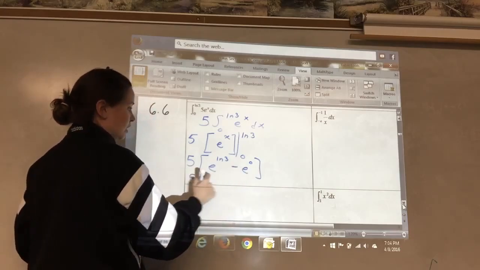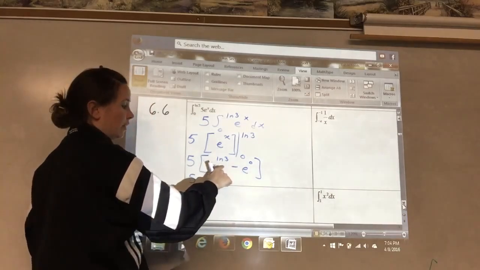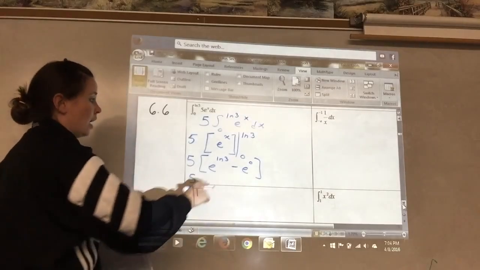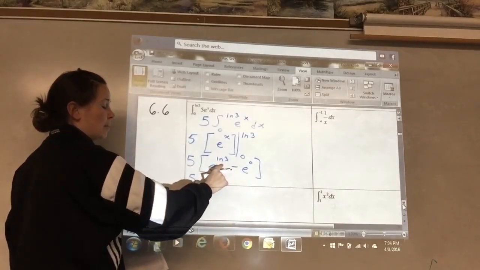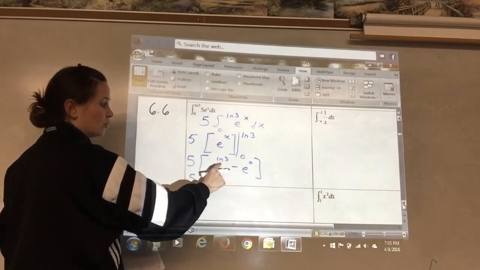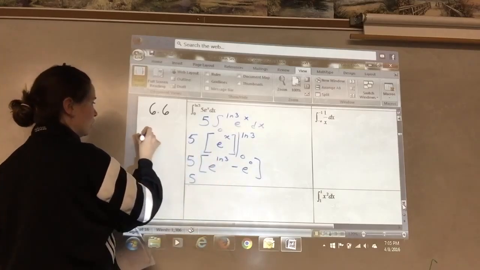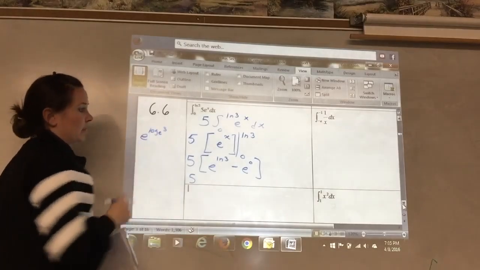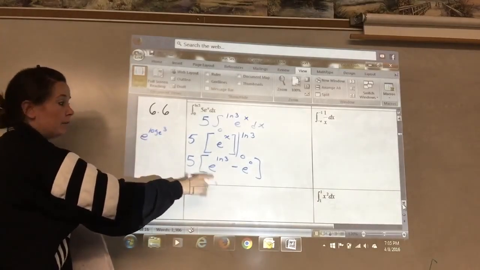Okay, so e to the natural log of 3, this is a property of logarithms from pre-calculus. I guess to help you maybe recognize it, natural log is log base e. So e to the log base e of 3 is what we're really looking at here.